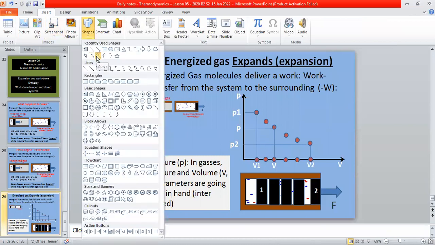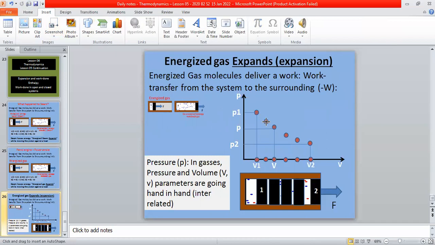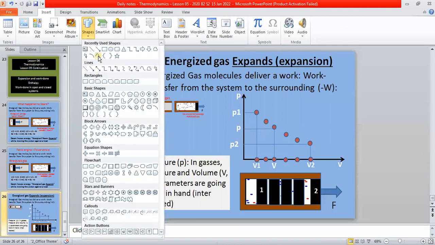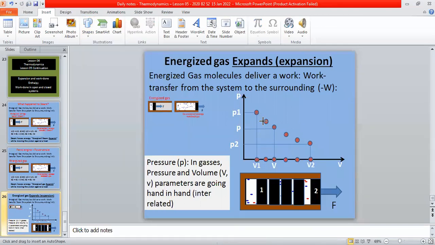Okay, there is a kind of continuity. Let me try to draw. Yeah, nice.